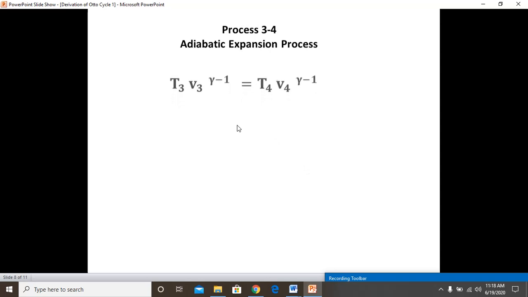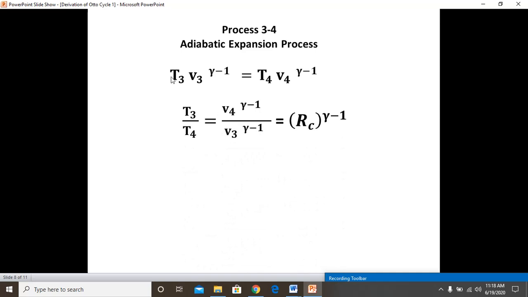Similarly, you can go for the process 3 to 4, where you have the adiabatic expansion process, where T3 V3 gamma minus 1 is equal to T4 V4 gamma minus 1. Then, with cross multiplication, T3 by T4 is equal to V4 by V3, and at the same time, from the diagram you see V4 is equal to V1 and V3 is equal to V2.